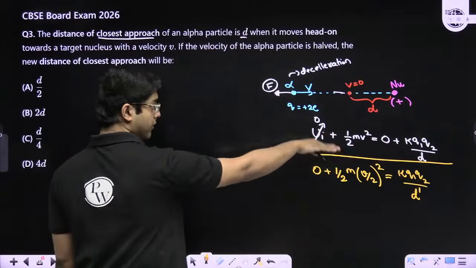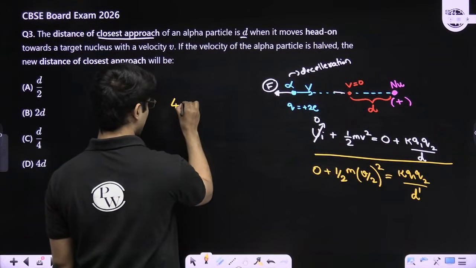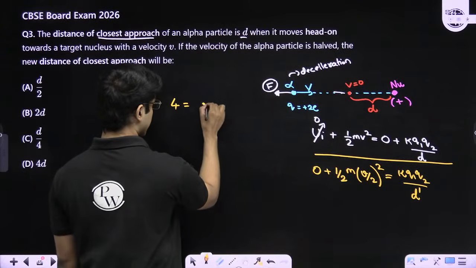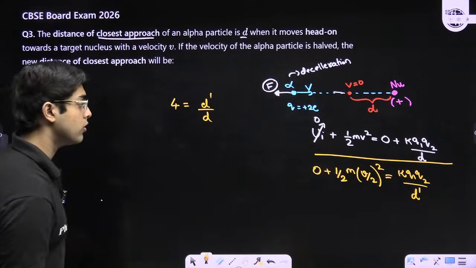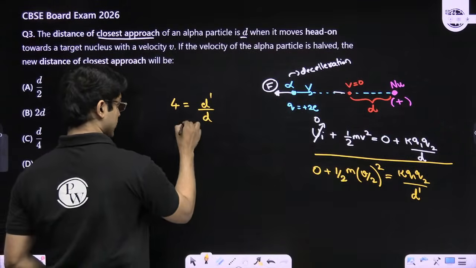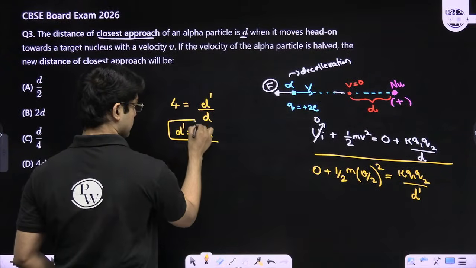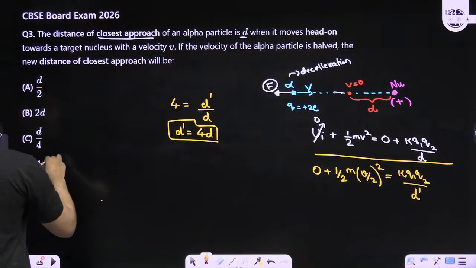If you do 1 divided by 2, half mv square cancels, and on the left hand side we have 4, and on the right hand side we have d dash divided by d. k q1 q2 also cancels, so d dash comes out to be 4d. So the new closest distance will be 4 times d.